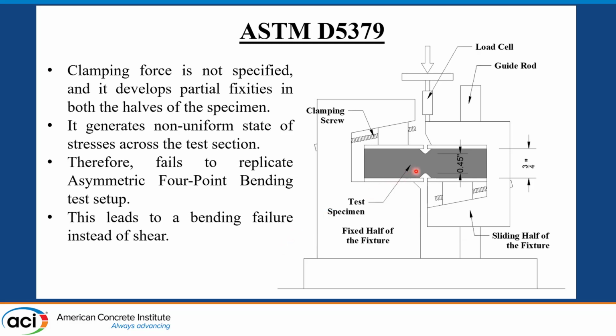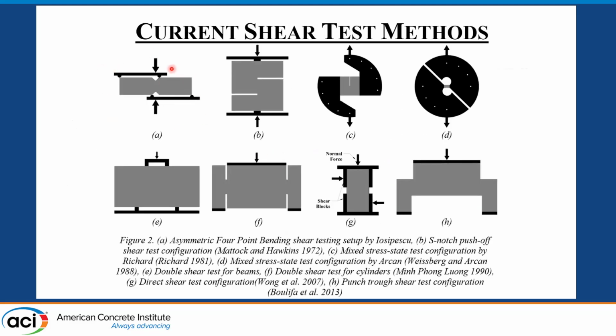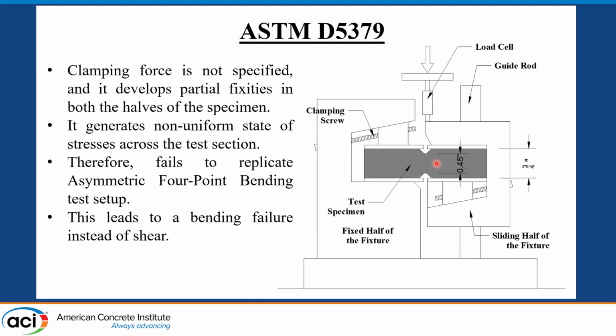The problem with this picture is, if you remember this first figure, this is basically modified in this picture. ASTM does not specify any clamping force. So how it works is you put the specimen, the gray one is the specimen, in the fixture.